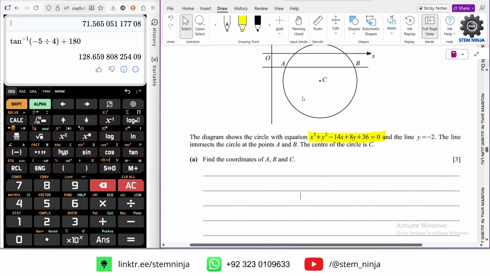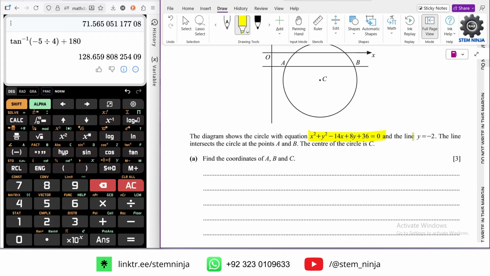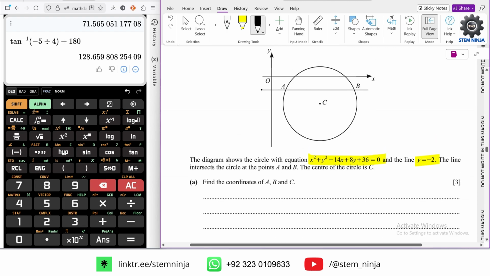Okay, so for A and B, we just have to plug in y equals minus 2. And for the center, since this is a horizontal line, the midpoint of this, by the simple circle theorem, is basically passing through the center line.